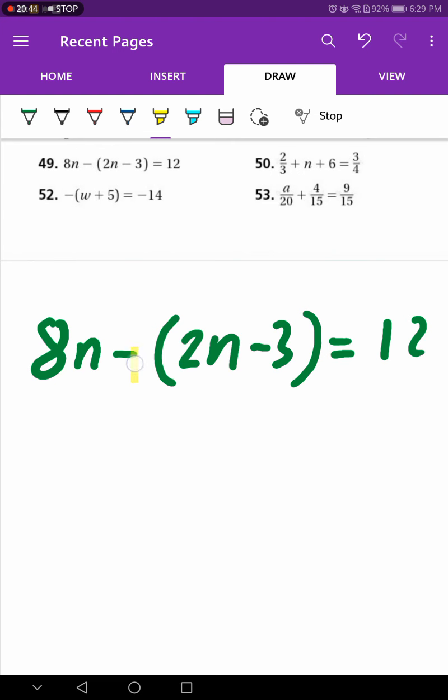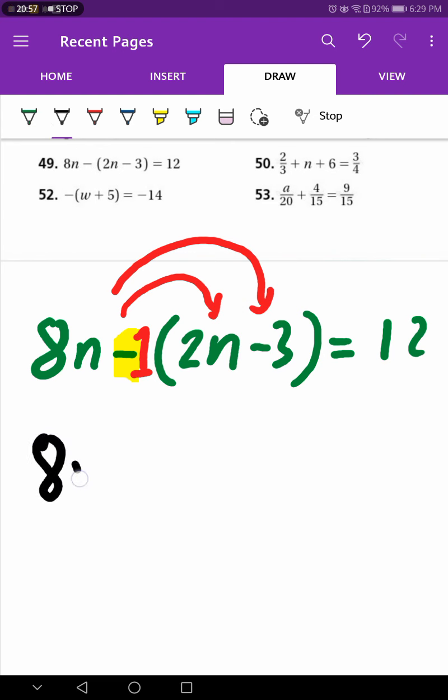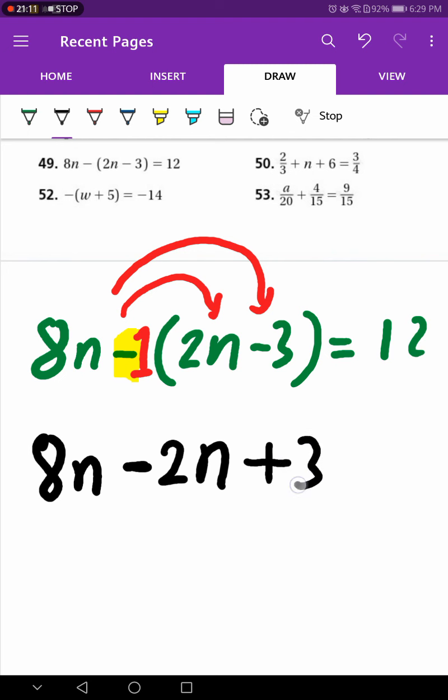You see this negative, it holds a 1 here, and the negative 1 will visit this and this. So let us see what happened. 8n, negative 1 multiply 2n equals negative 2n, and negative 1 multiply negative 3 equals 3, plus 3 equals 12. So this is the first step, I break the parentheses all the time.